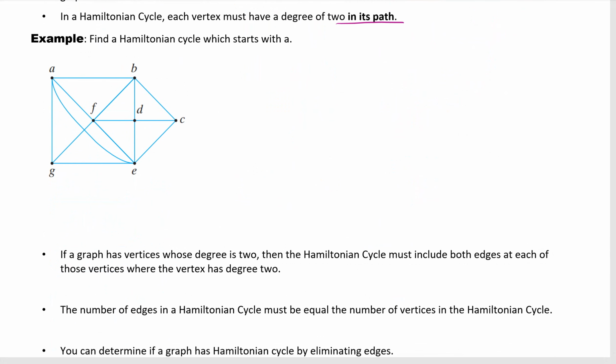Alright, let's look at some examples. Let's find a Hamiltonian cycle which starts with A. So for this picture, let's think about it more. We know that an Euler cycle visits each edge once, right?